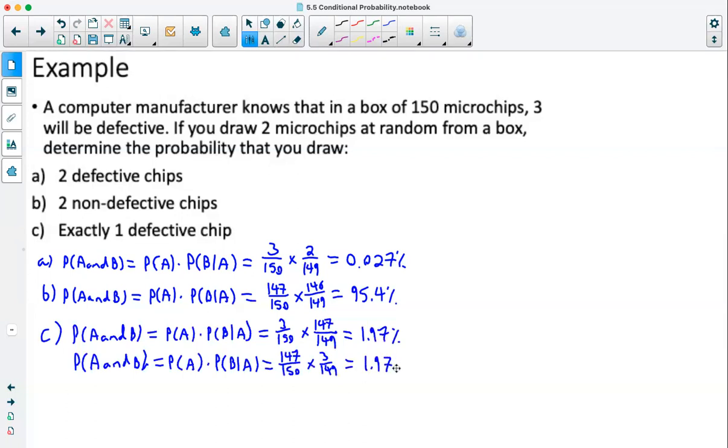And then we have to add up these 2 scenarios. So adding these gives us 3.95%. Now you'll notice that if you took, say, 100% and subtracted these 2 for A and B, it would give us this value here.